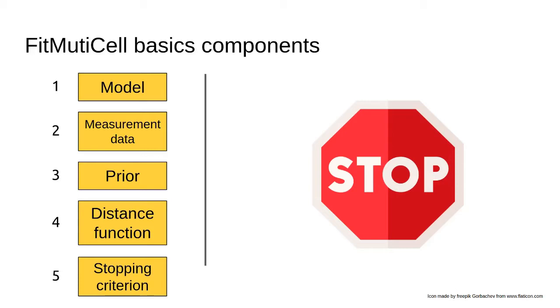Also, you could define how many iterations or populations you need in your fitting process, and so on. So you need to define all these components, and then you can start the fitting process.